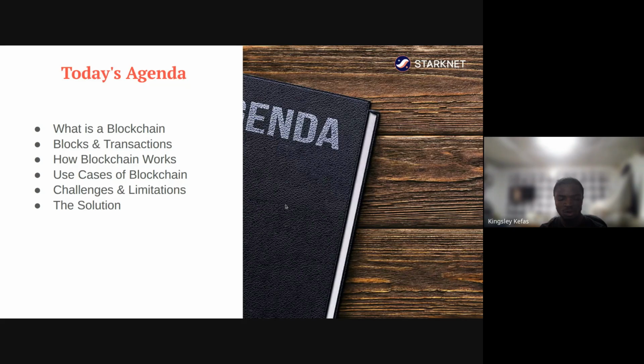Nodes are just your normal computers, your normal Dell computers, your normal HP computers, and so on. So anybody participating in a blockchain network is regarded as a node. They help to keep the blockchain network alive. So that's what a node is.